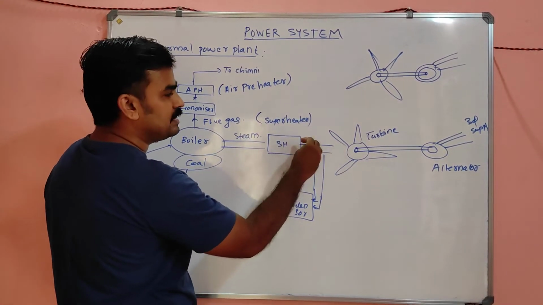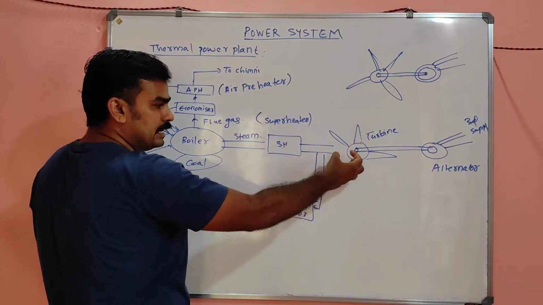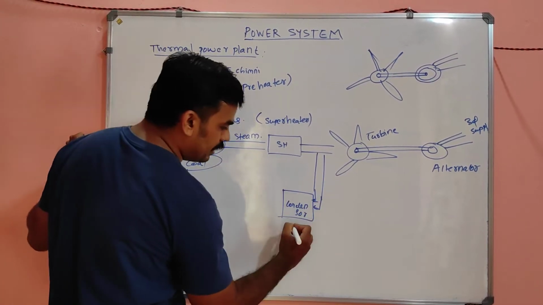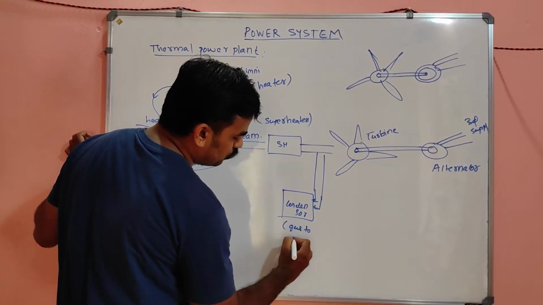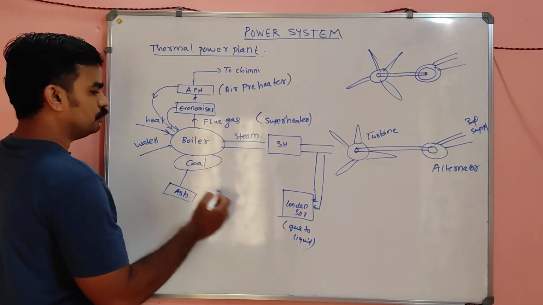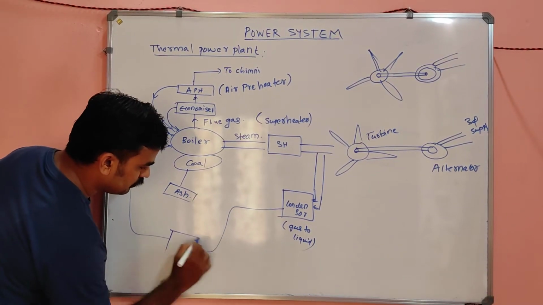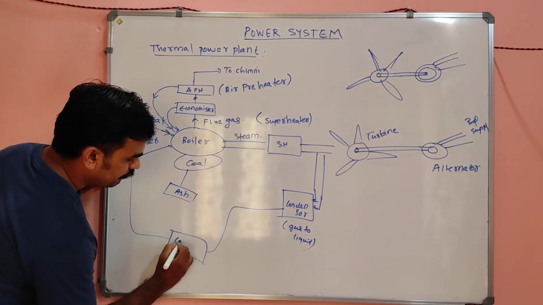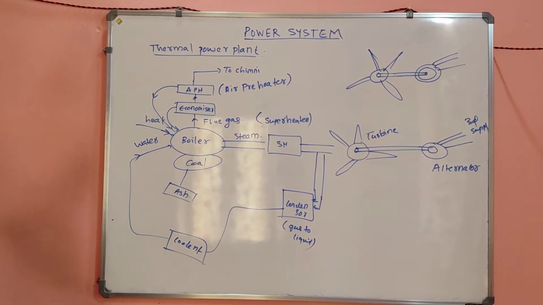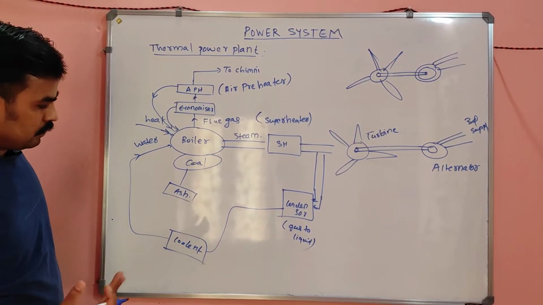The pressurized steam, after hitting the turbine blades, is collected by the condenser, and the condenser converts this gas to liquid, and it is again fed back to the boiler. You can also write coolant.